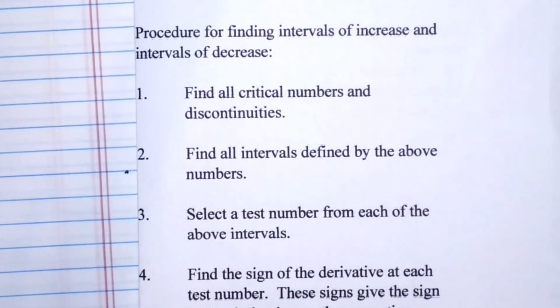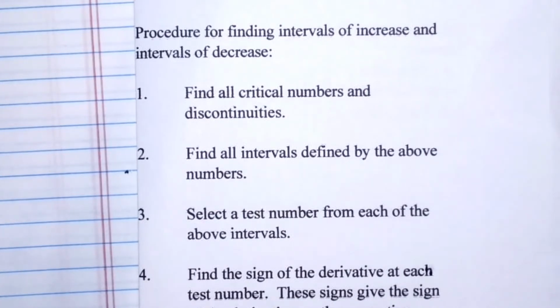But in practice, what is it we do? Well, the first thing we need to do is find all the critical numbers and discontinuities. Then we're going to need to find all the intervals defined by using those critical numbers and discontinuities as division points. I'll give you an example in just a moment.